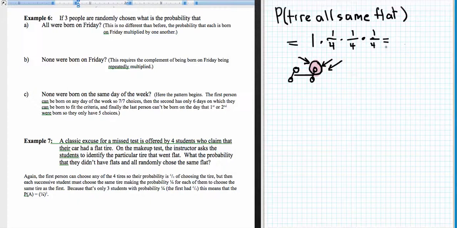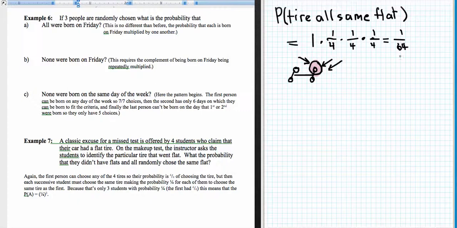And so the probability that all 3 of them choose the same flat tire is 1 in 4 to the third power, or a 1 in 64 chance that they are all going to have the exact same flat tire. And that is assuming that it's random choice, right? That the probability of getting a flat if you're randomly choosing them is just a 1 in 4 chance. So that's what we're looking at.